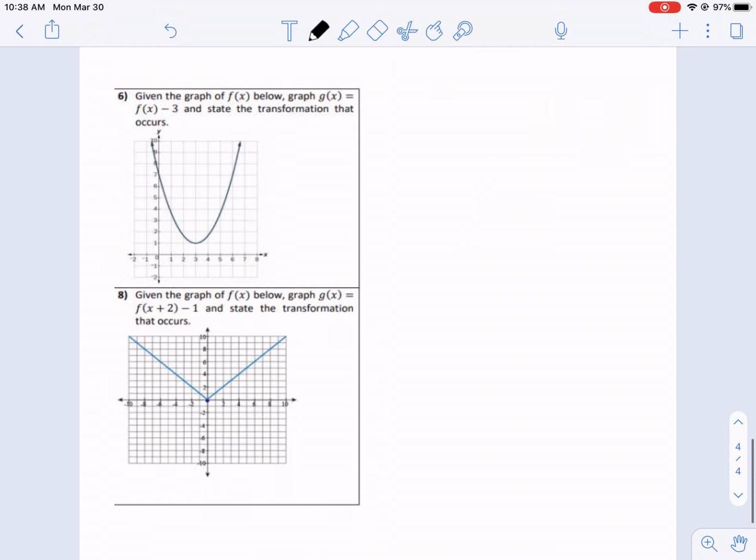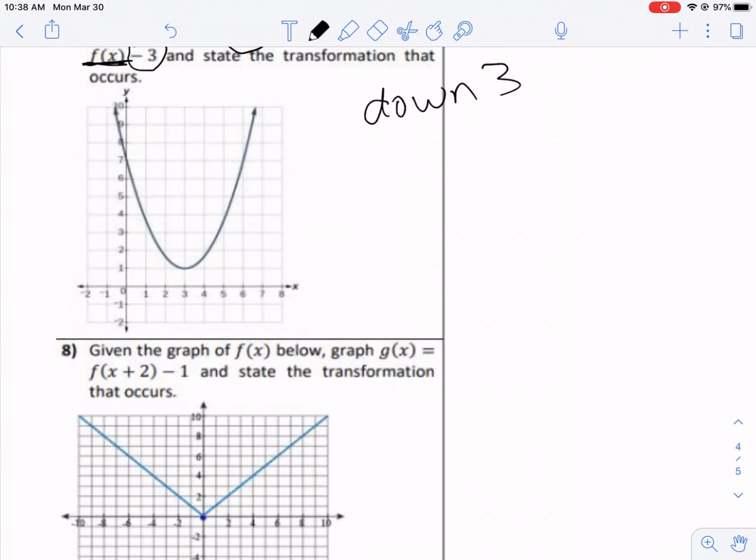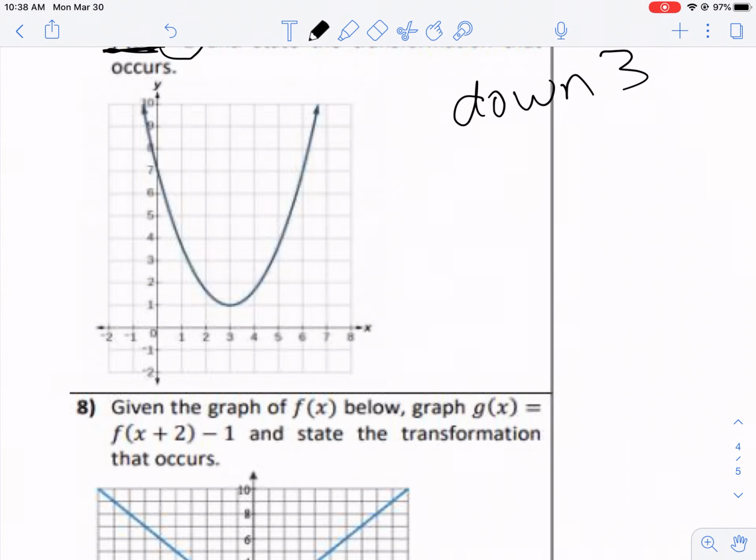All right, number 6. The graph below is f of x. Graph g of x, which is equal to whatever their function f of x is, with a vertical shift that goes down 3. All right, remember, take every nice point you can and do the shift.